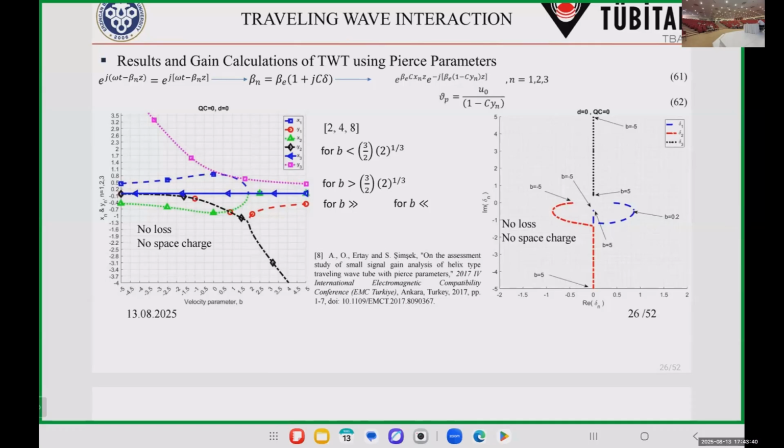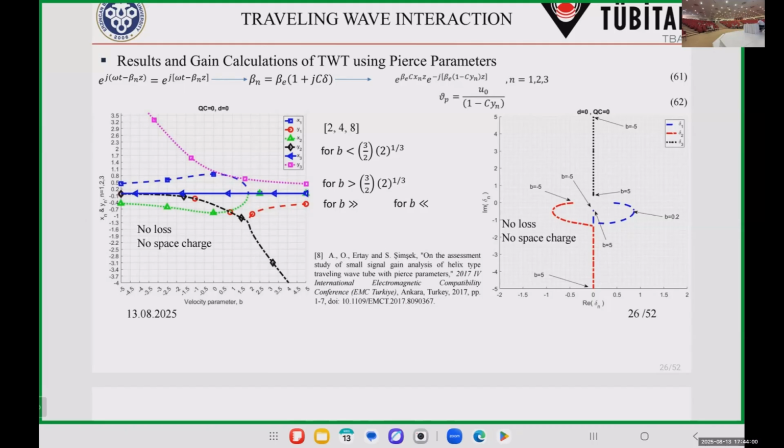We can say something about the phase velocity and the electron velocity.